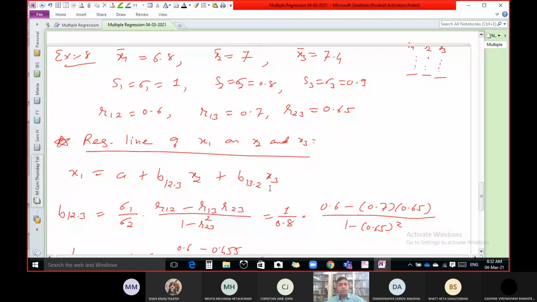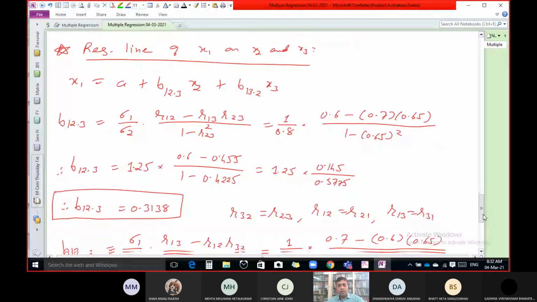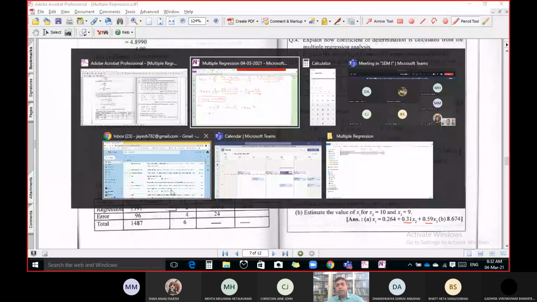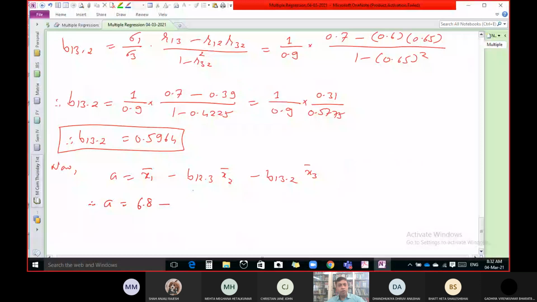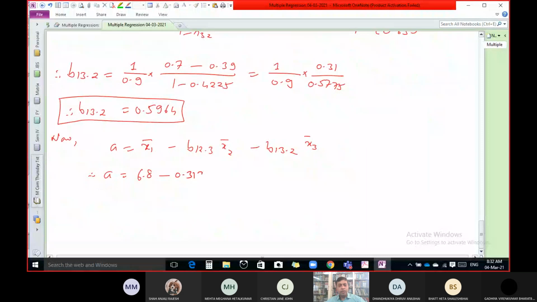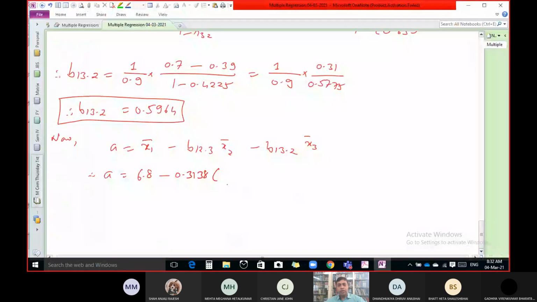So by using this formula you can find out the value of a. What is x1 bar? x1 bar is given in the question, 6.8, minus b12.3 that we already calculated, 0.3138, into x2 bar, which is 7, minus 0.5964 into x3 bar. x3 bar is 7.4.